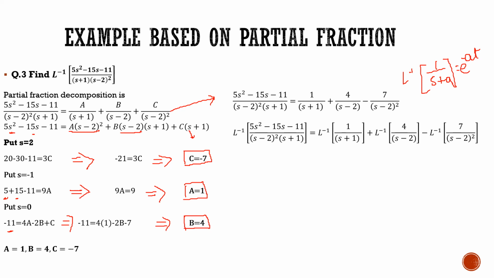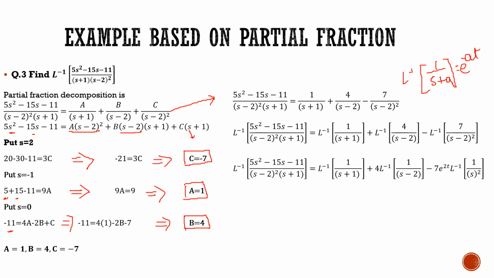If you don't know what the first shifting theorem in inverse Laplace transformation is, you can watch the previous video. Now again a constant 4 is there, and e raised to power 2t with 1 upon s squared.